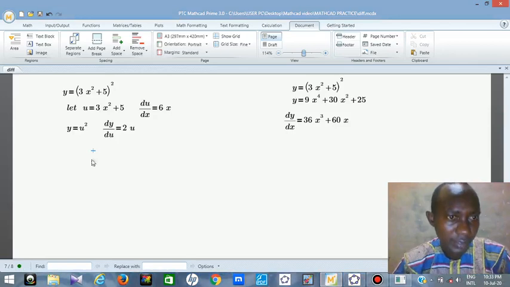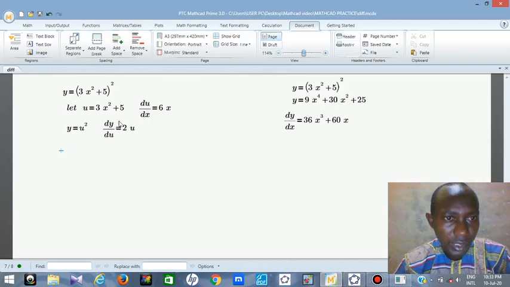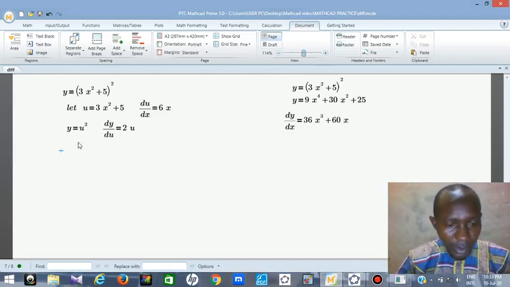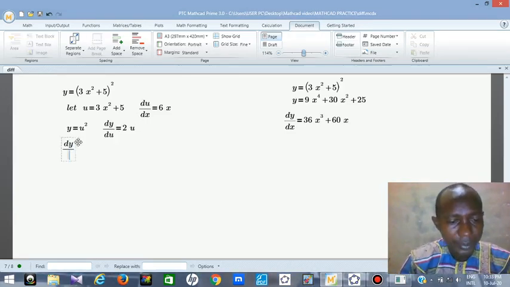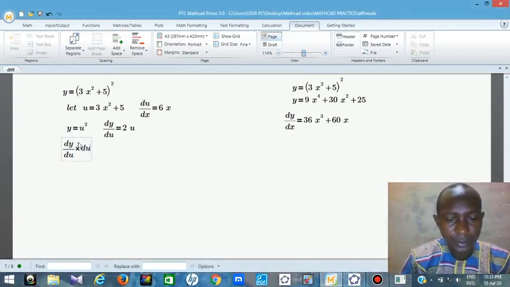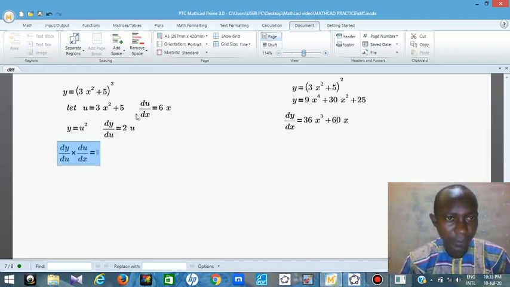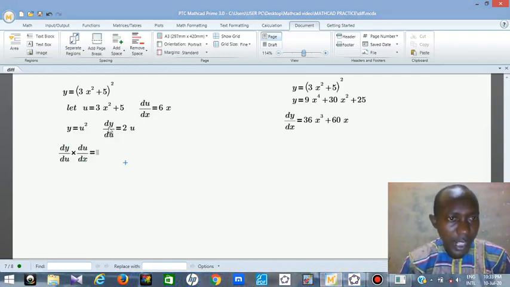Now this is where the function of a function rule comes in. If you look at what we differentiated, dy du and du dx, let's multiply these two and you will see what we are going to get. dy du times du dx equals what?